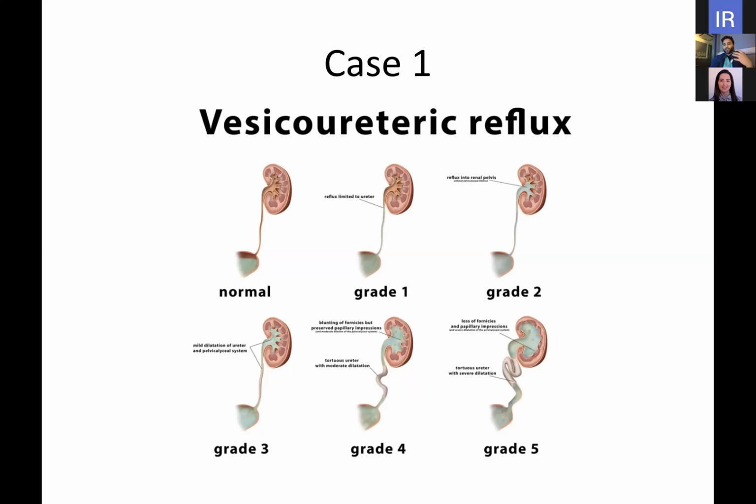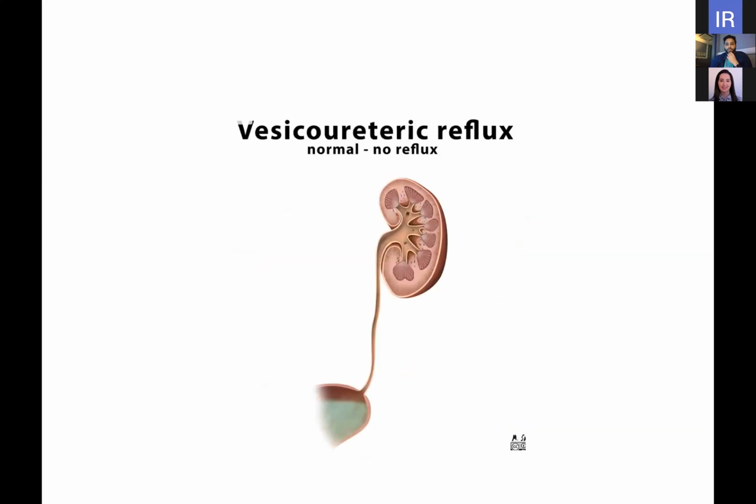If you have quite bad reflux that goes on for quite some time, then with time you're going to have recurrent infections, pyelonephritis, renal cortical scarring, reduced renal function, and ultimately a degree of renal failure. So the aim is to prevent further reduction in renal function of the opposite kidney. So we'll just go through the grades here.